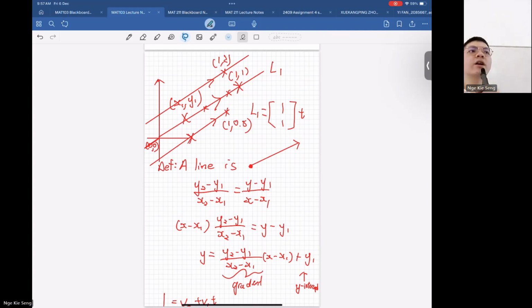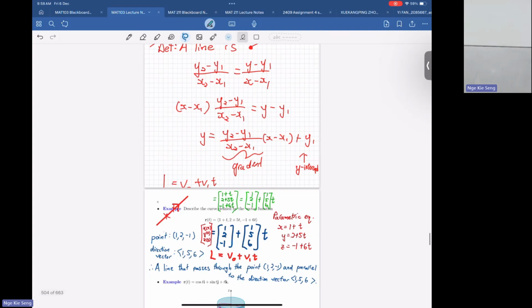This is similar to the plane. For the plane, you also just need a point with a direction. But what's the direction you need for a plane? The normal vector.